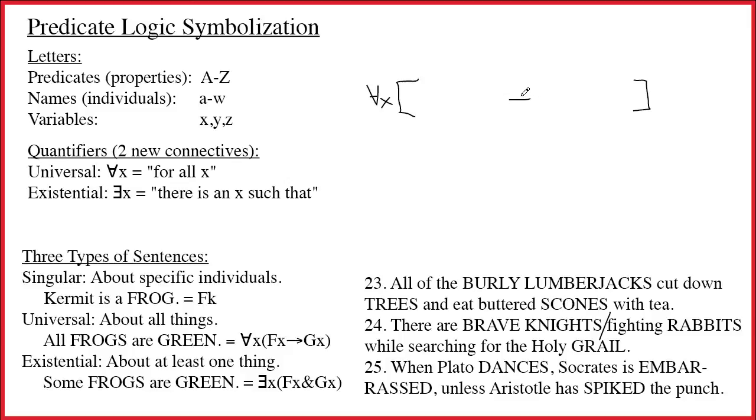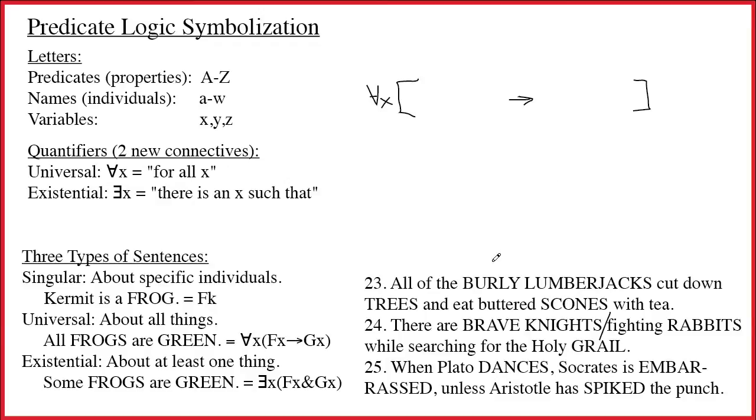And then inside, in all standard universals, you would have an arrow. All that's left is for us to decide what's the antecedent and what's the consequent of the conditional inside the brackets. Well, here, it turns out that it helps if you know a little bit of grammar, because the subject will go before the arrow and the grammatical predicate will go after the arrow.